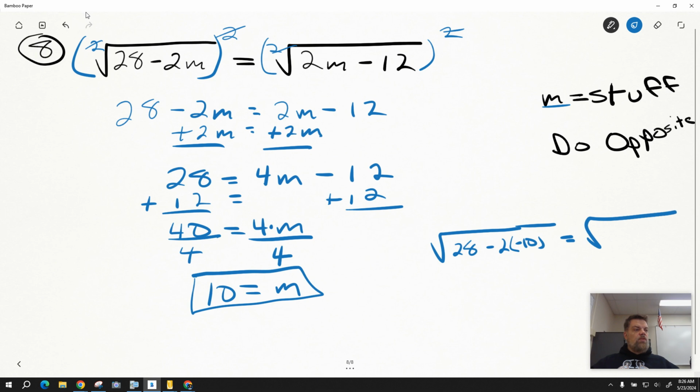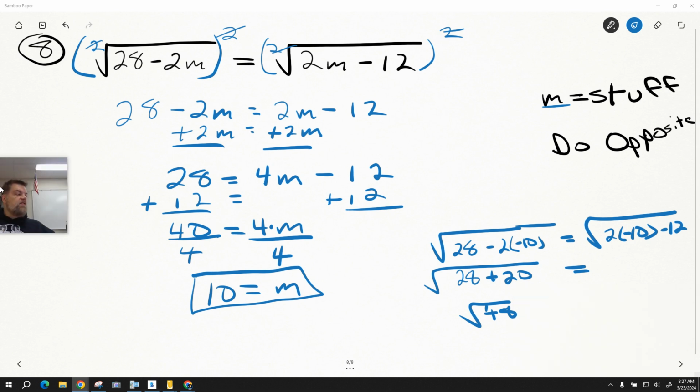Will that equal 2 times negative 10 minus 12? So over here, I've got 28 plus 20. So this would be positive 48.